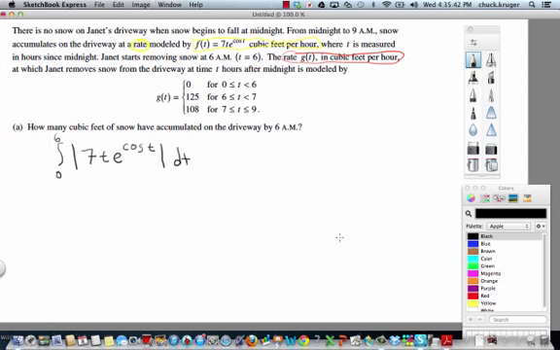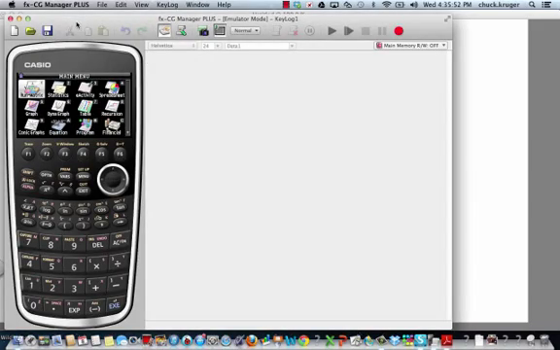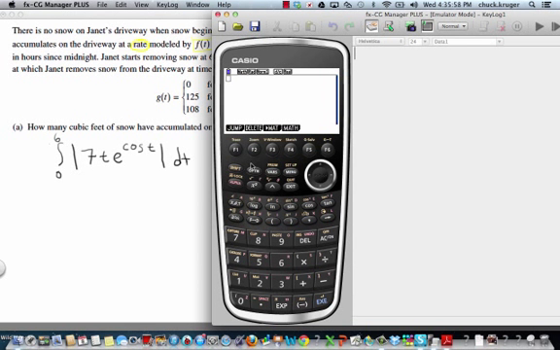Okay, so I'm going to go to my calculator, and I'm going to enter that in and execute this. It's going to be math. I want derivative, and I want absolute value.